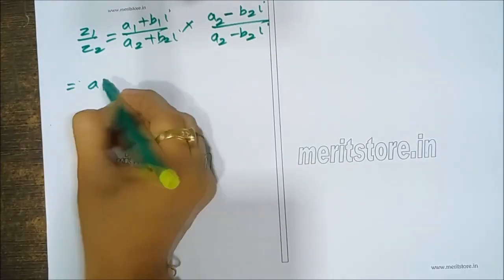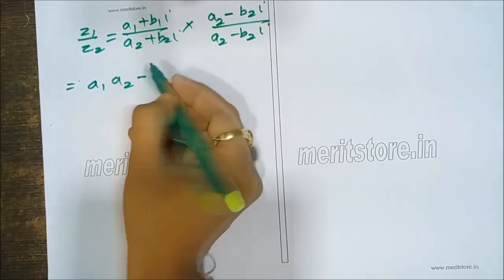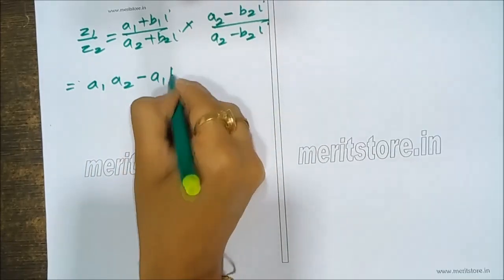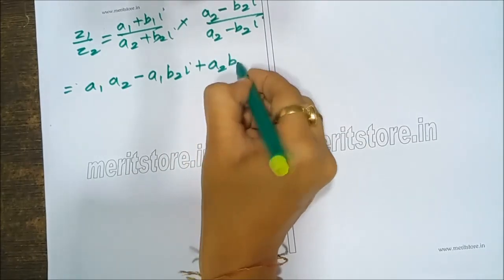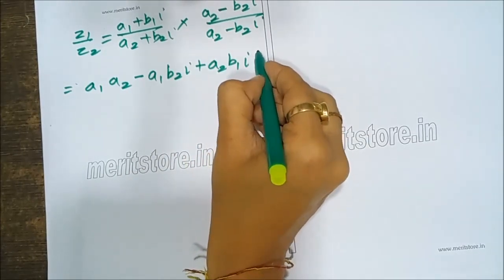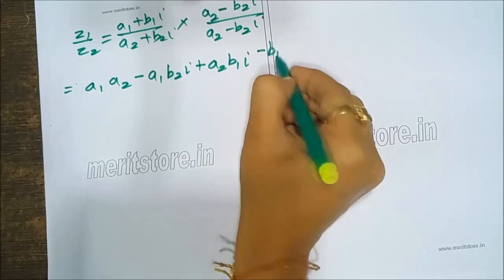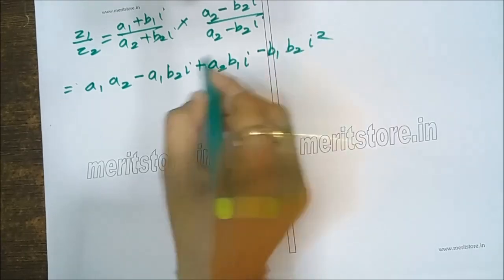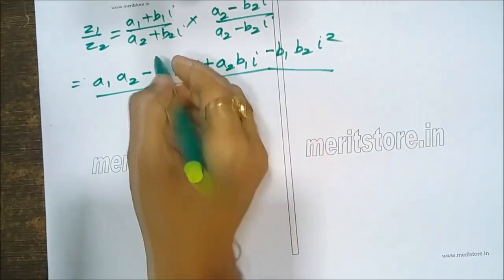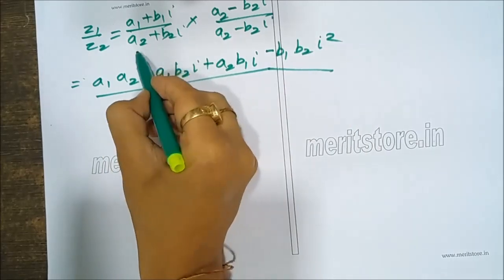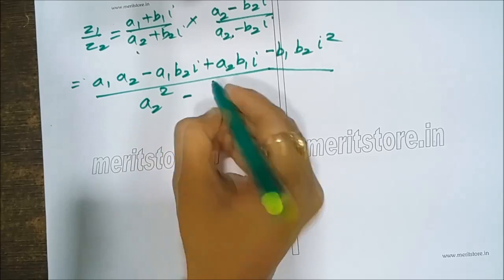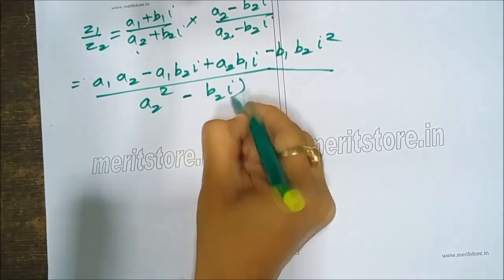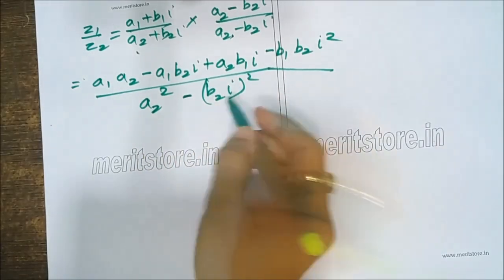So A1 A2 minus A1 B2i plus A2 B1i minus B1 B2i square upon, this is in the form of A plus B, A minus B, that is A square minus B square, right?